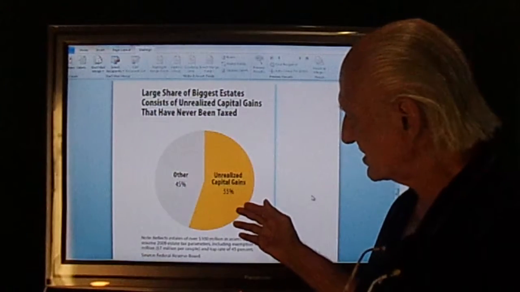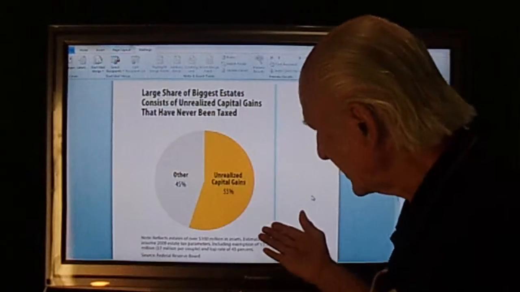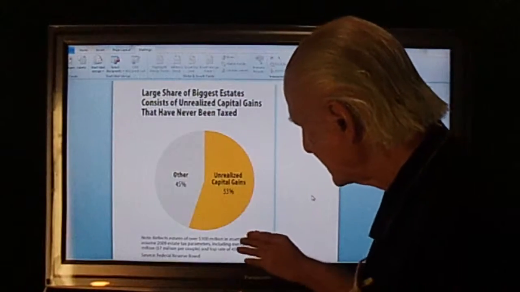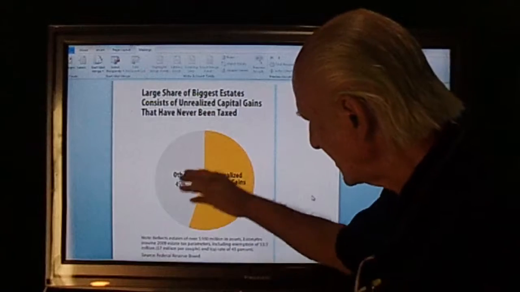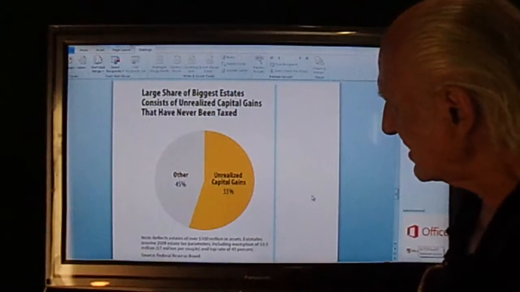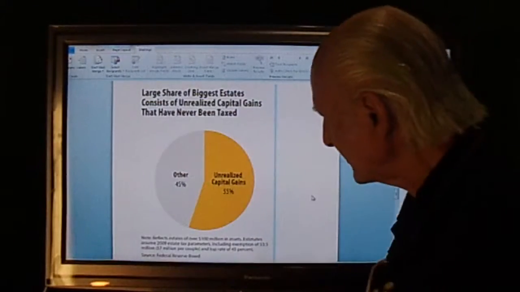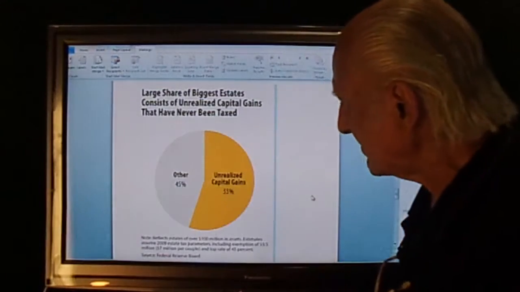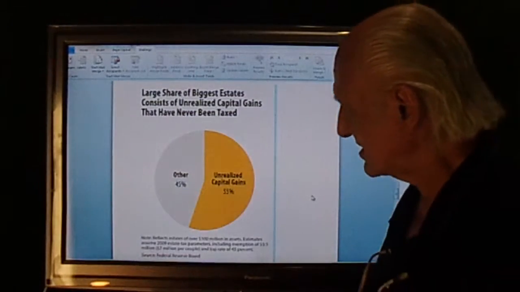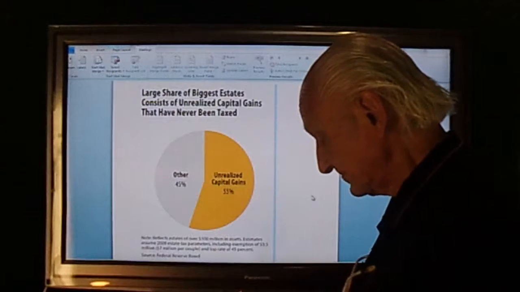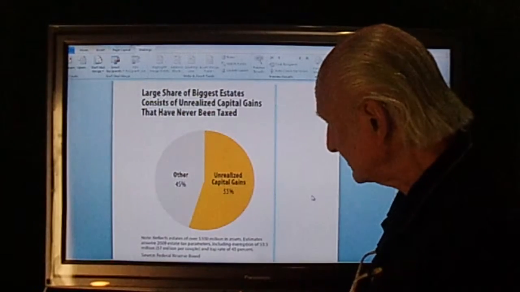But Republicans want to keep these capital gains here, 55% of this large estate here, 100% for themselves and give the federal government nothing. That's definitely immoral.